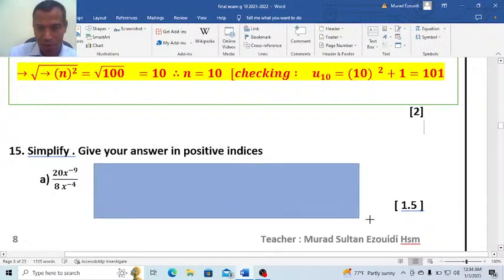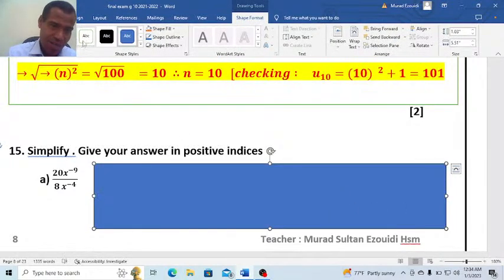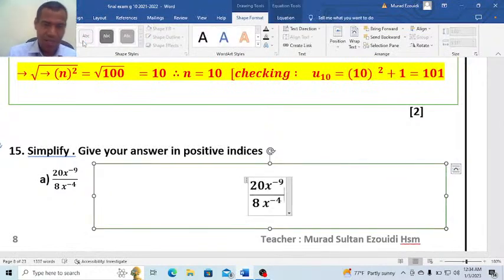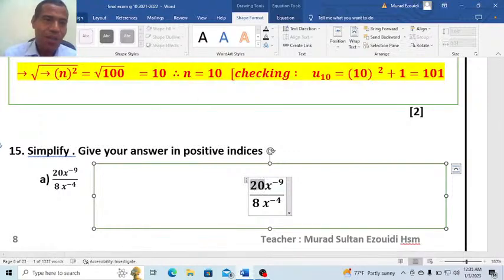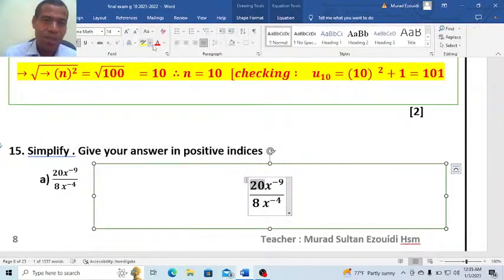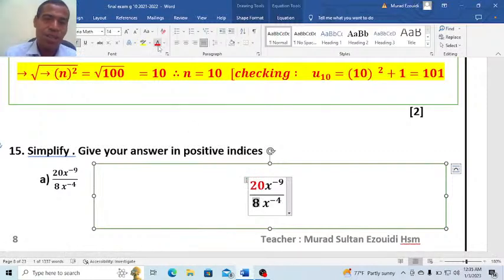Now, I will just write my expression. It's better to start with the real numbers. 20 divided by 8: you can write it as a decimal, or as a fraction.